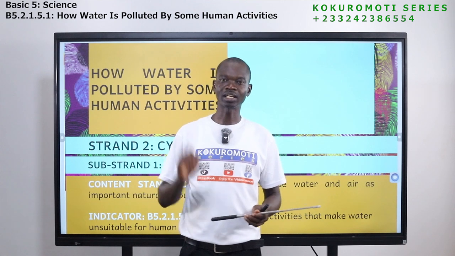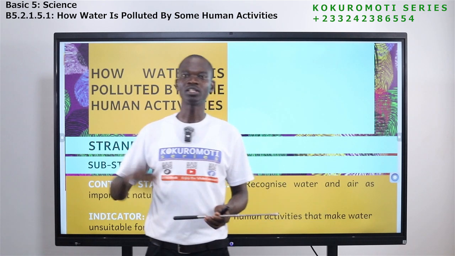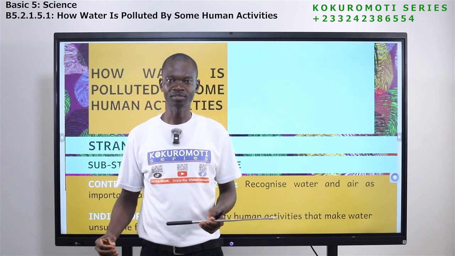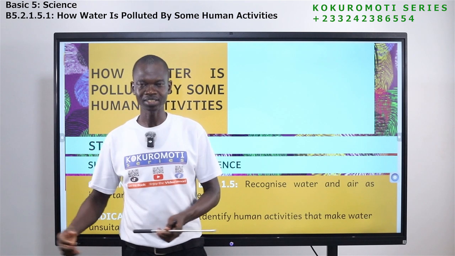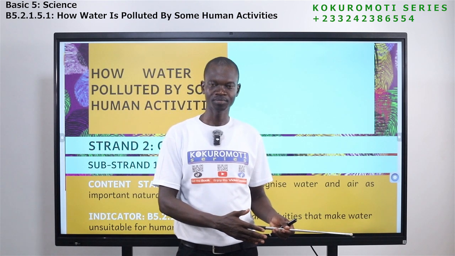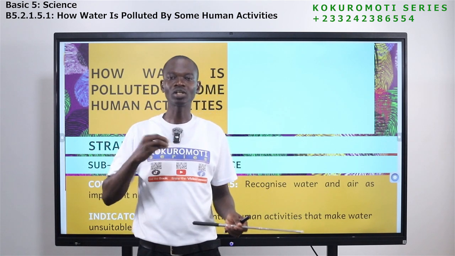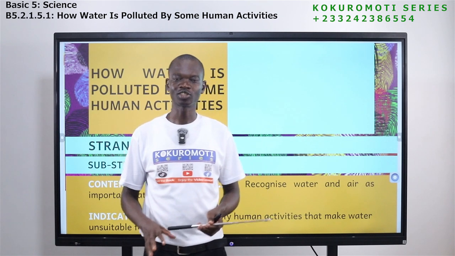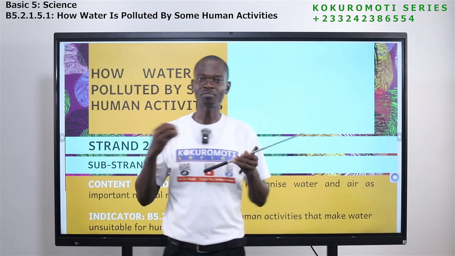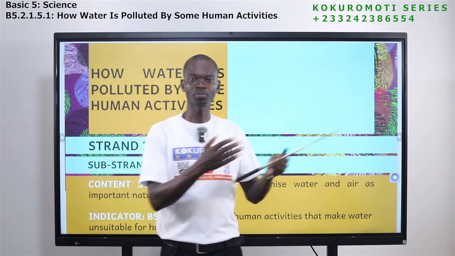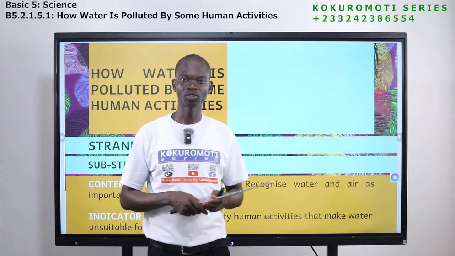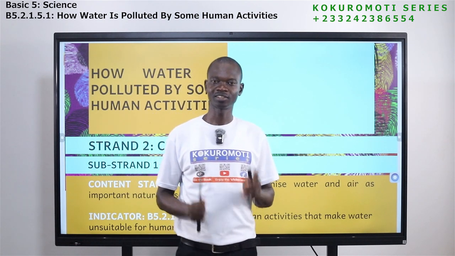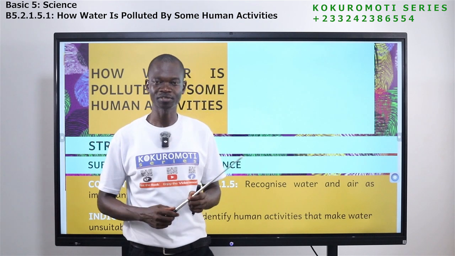So today we are looking at water and how they get polluted. How do these water bodies get polluted? By our own activities, by human activities. There are some things that human beings do which pollute the water. That is what we are going to look at. Remember, water is life.